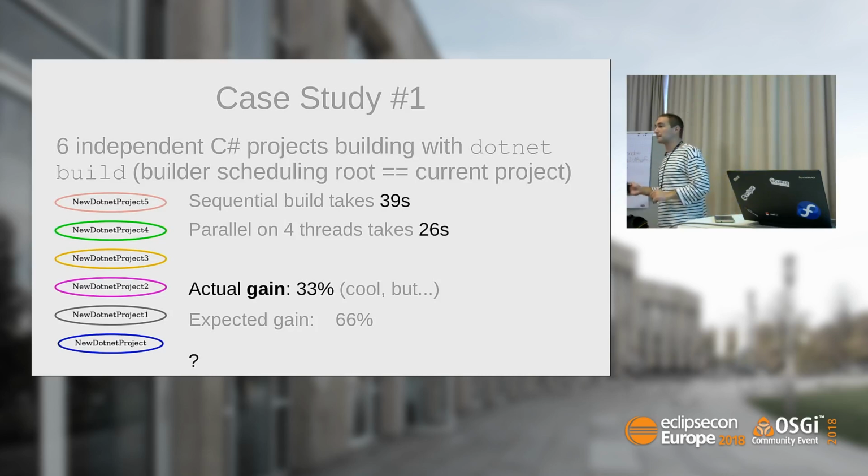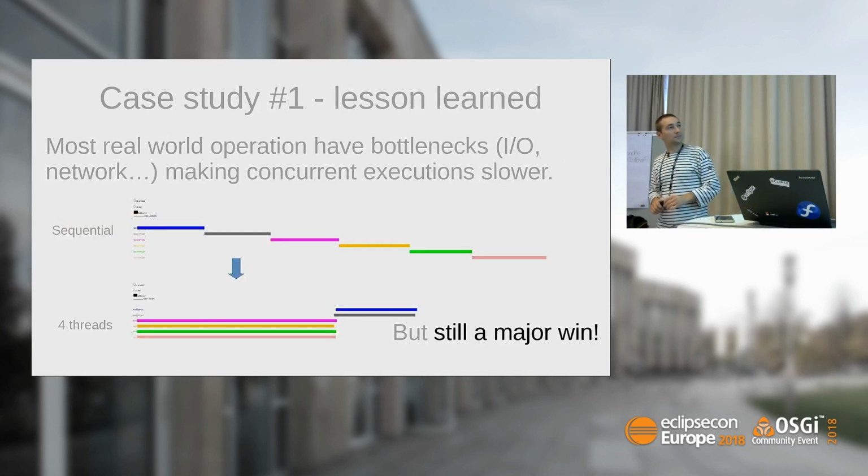Why? I guess you already all know this and you're too shy to tell it. The reality is that most real-life operations, which are not just a thread.sleep, do have bottlenecks in terms of performance. They share input-output, so file system, network, or things like that. So in this case of .NET, when building 4 .NET builds in parallel, it just takes 3 times more to build each project.